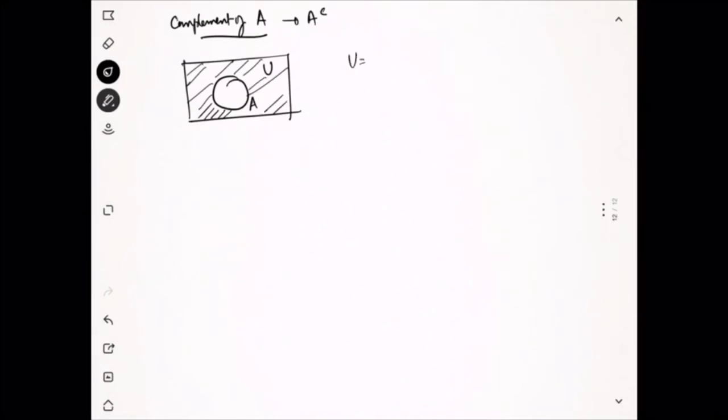For example, U is equal to 1, 2, 3, 4 and A equal to 1, 2. Then A complement is nothing but 3 and 4. This is the A complement.